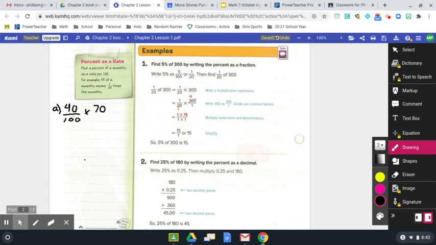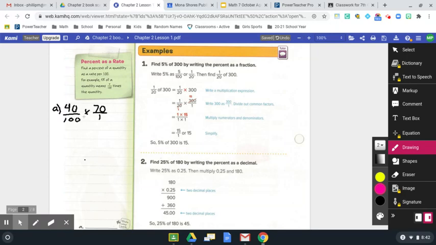So since we're doing this as a fraction to begin with, what I'm going to do is put this over 1, just like that. And then I'm going to take a look at that fraction and think about how I can reduce this. Because right now, if I were to multiply this fraction across, numerator and denominator, you'd have a really large number. So let's simplify this a little bit first. You're going to see me cross reduce right now.